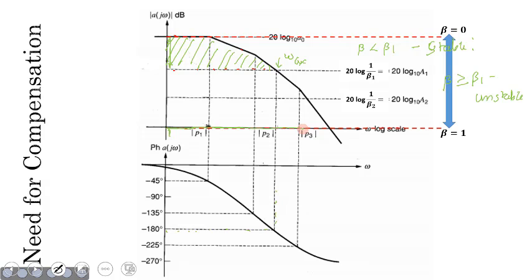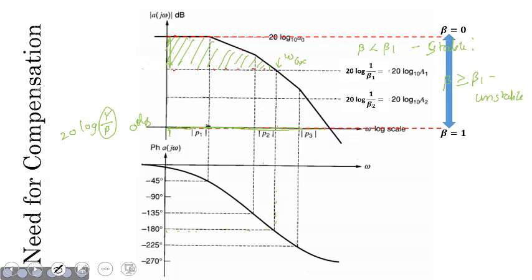The closed loop gain at DC can be written as 20 log of 1 upon beta. Now if the value of beta equals 1, this ratio becomes 1, and 20 log of 1 returns 0 dB, right? So our closed loop magnitude would lie across this 0 dB line.